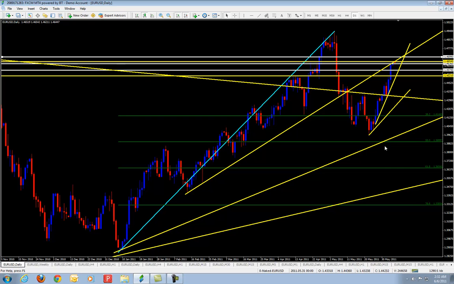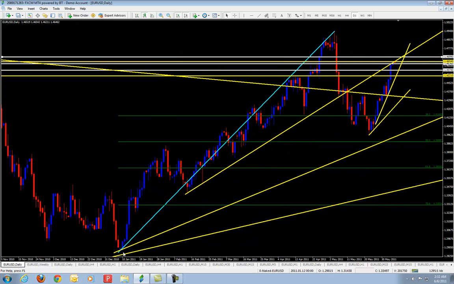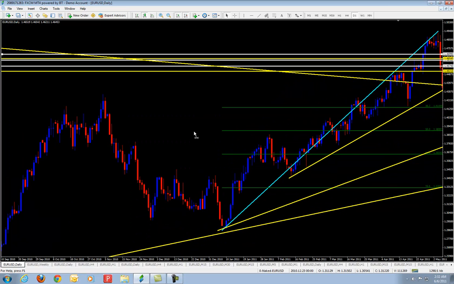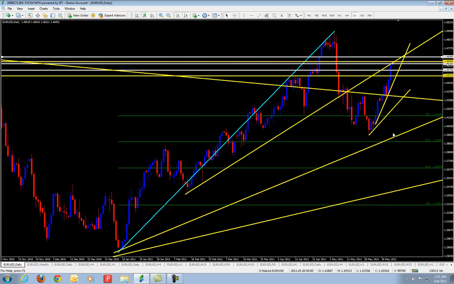It hit between the 38.2 and the 50%. This isn't really hindsight. This is obviously a swing low to the swing high, and that's it. This would be a fib, 38.2, 50%, so this is in between, and obviously price did react.